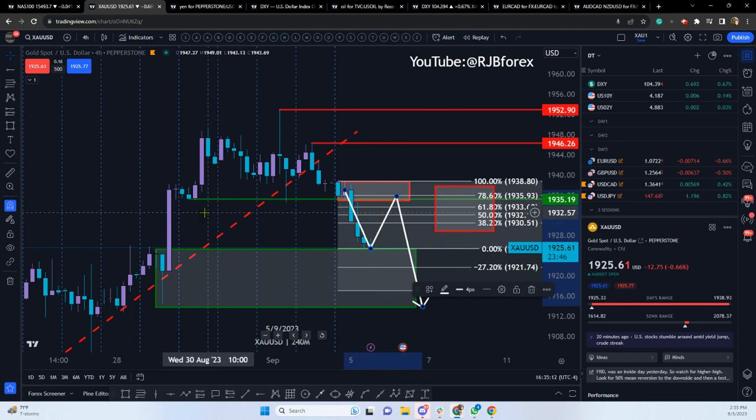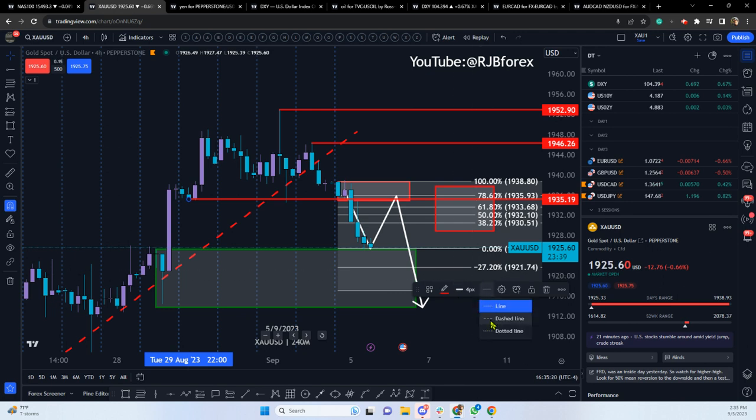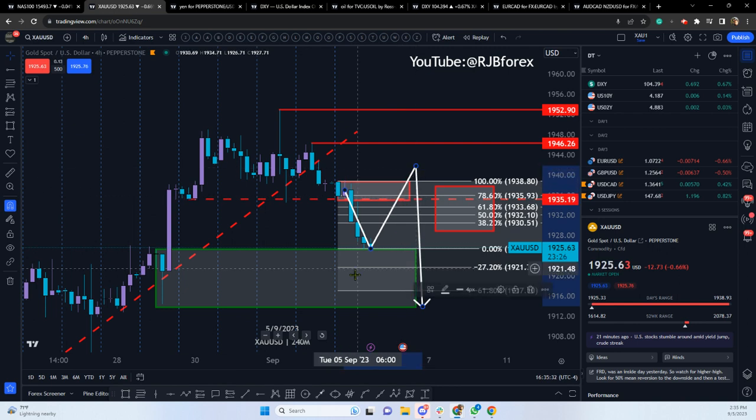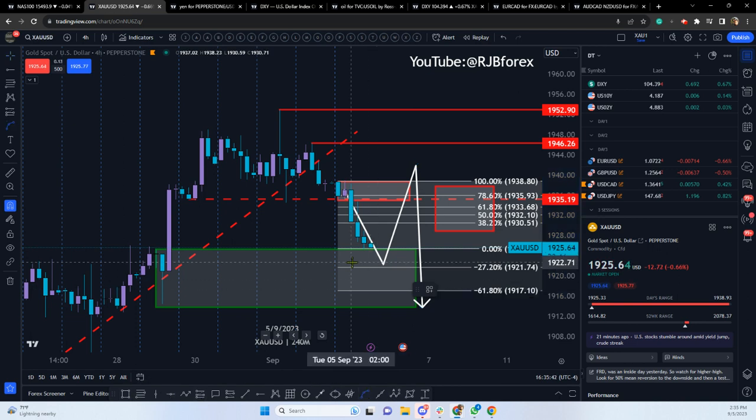Now, if we do break this, let me change that to red. Now we've got 1, 2, 3 days of shorts in the market. 1 push, 2 push, 3 pushes. So we could quite easily bottom out here, creating a sort of peak formation down here, whatever price action occurs.